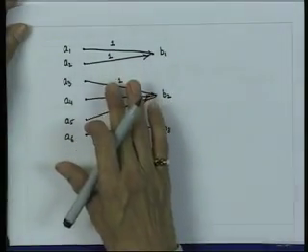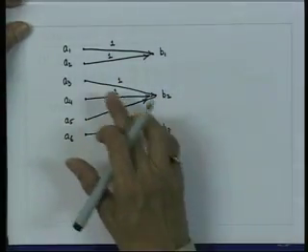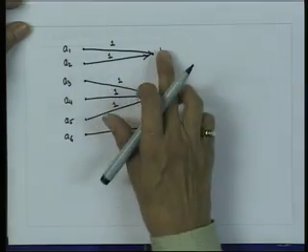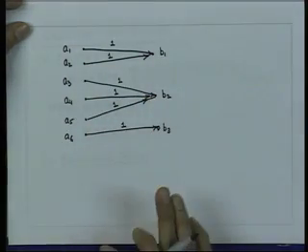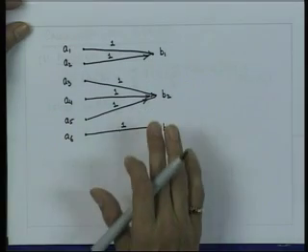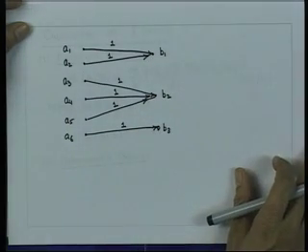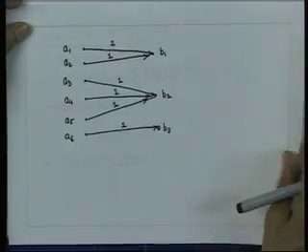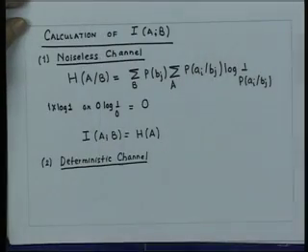So, for a deterministic channel, the input symbol A i is sufficient to determine the output symbol B j with probability 1. So, it implies that all the probabilities of B j given A i are either 0 or 1.